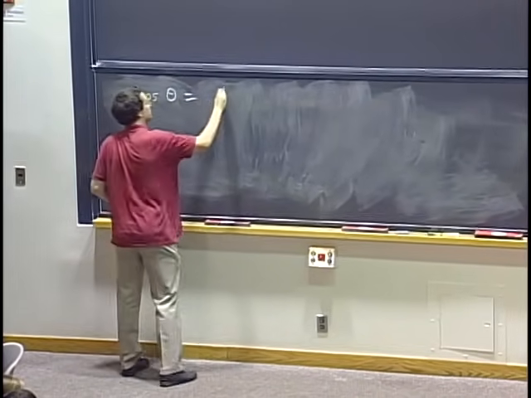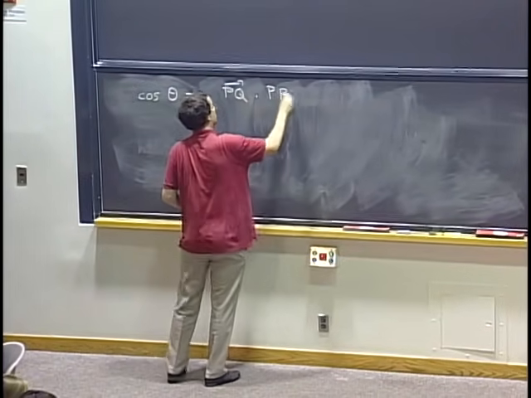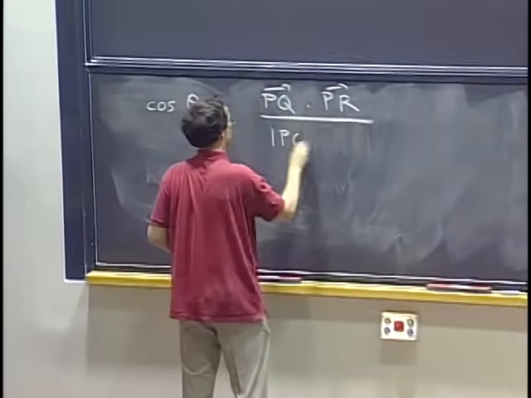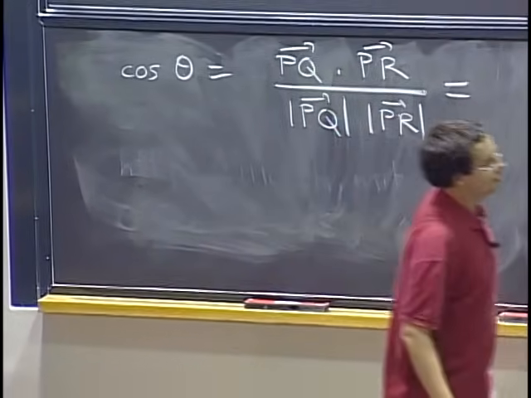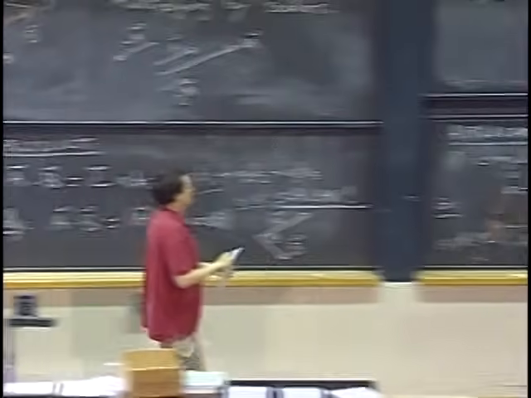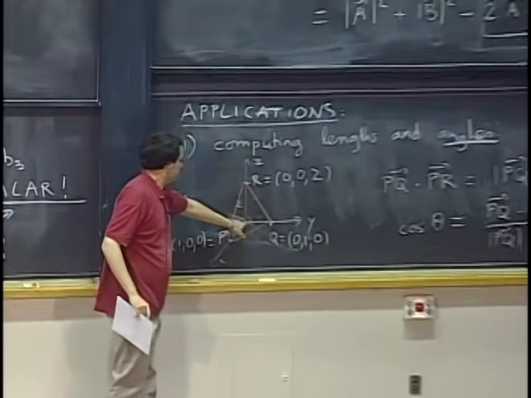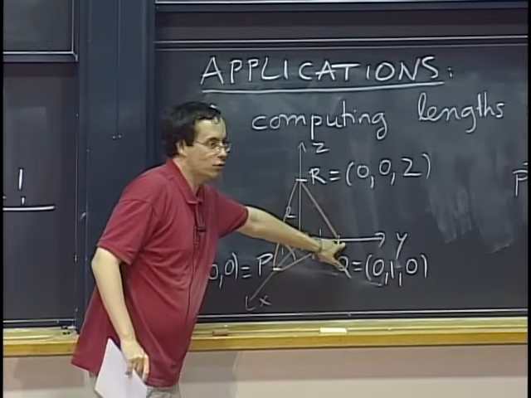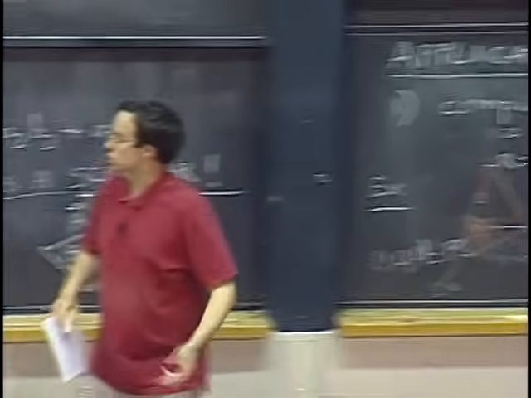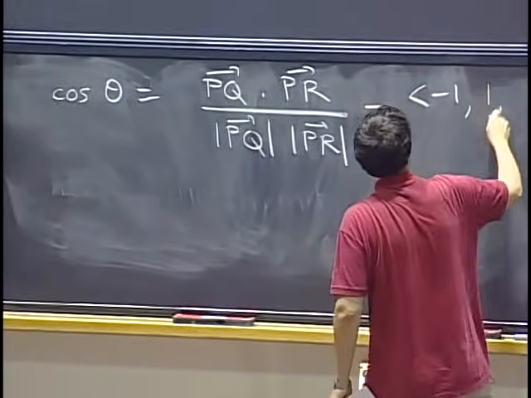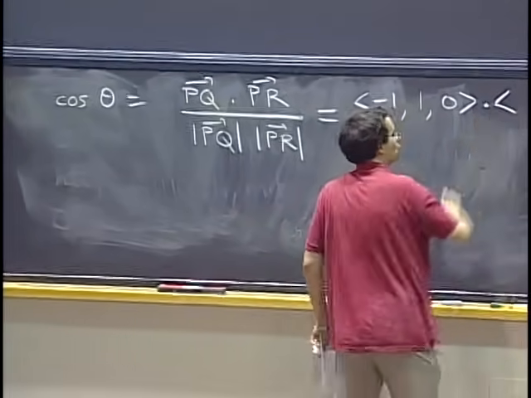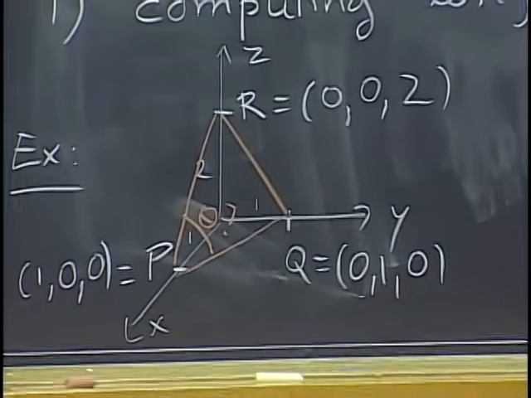So we said cosine theta is PQ dot PR over length PQ, length PR. So let's try to figure out what is vector PQ. Well, to go from P to Q, I should go -1 unit along the x direction, +1 unit along the y direction, and I'm not moving in the z direction. So to go from P to Q, I have to move by -1, 1, 0. To go from P to R, I go -1 along the x-axis and +2 along the z-axis. So PR, I claim, is this.